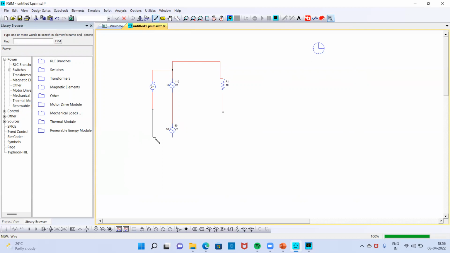I will see what will be the nature of this voltage combination. I will connect this one here. This is connected. I will save.